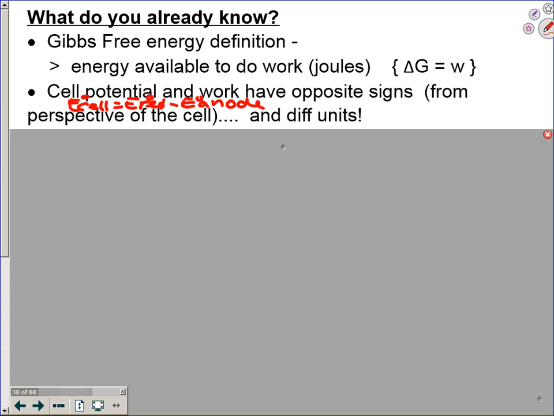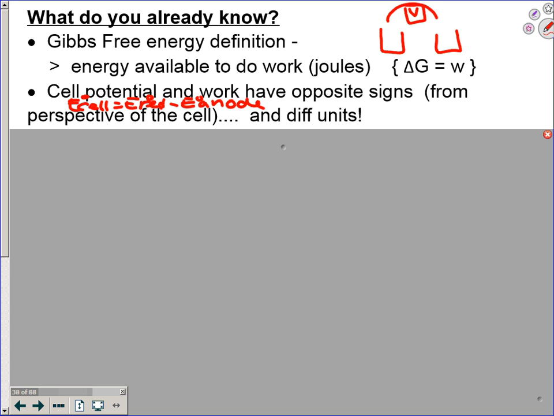Okay, so cell potential, which is the difference in the reduction potentials of the two sides of a battery, is related to work, but it has opposite signs, with reference to the perspective of that electrochemical cell. When you're producing energy, we think of that as positive volts, making energy.